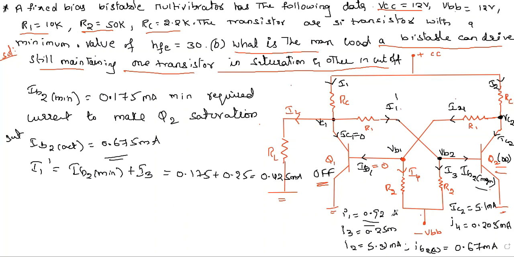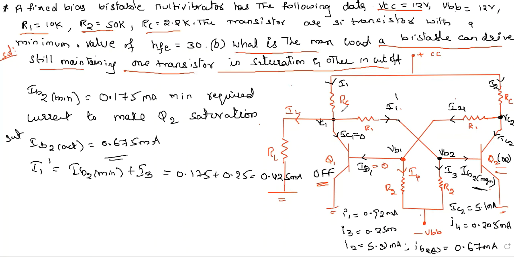Previously it was 0.92 milliamps. Some extra current is flowing, so I am making this transistor sit at the edge of saturation, and the extra current is utilized to drive this load.